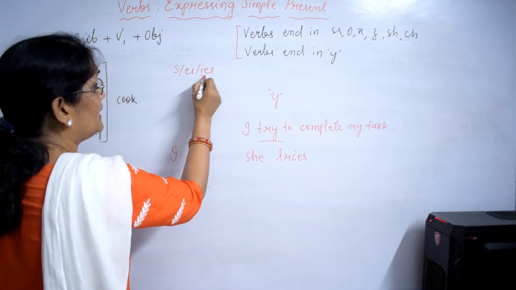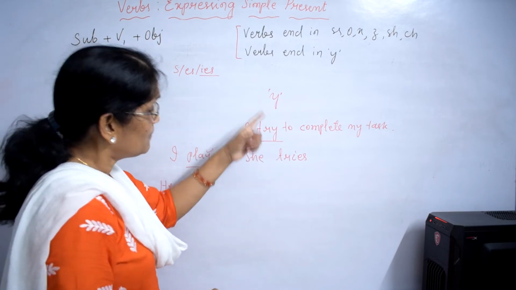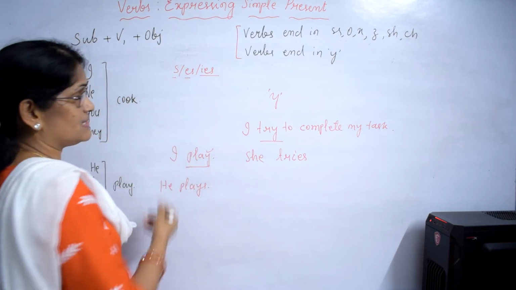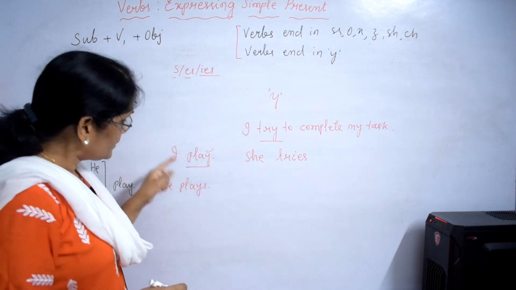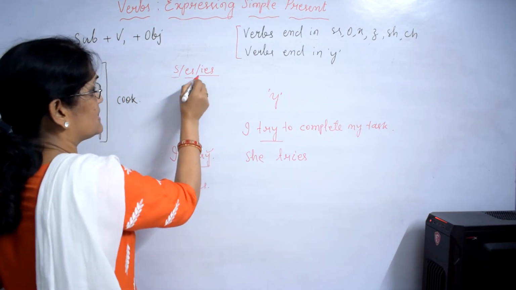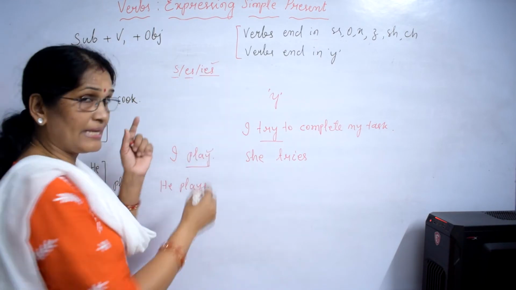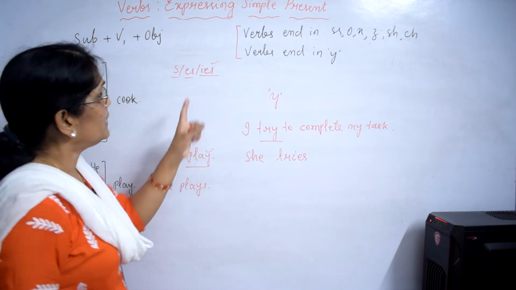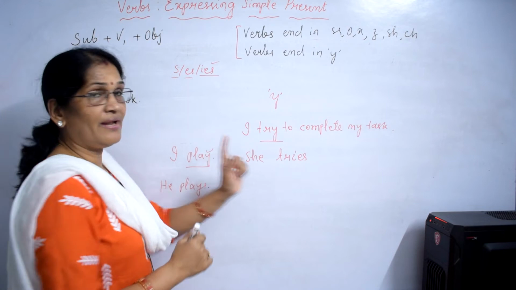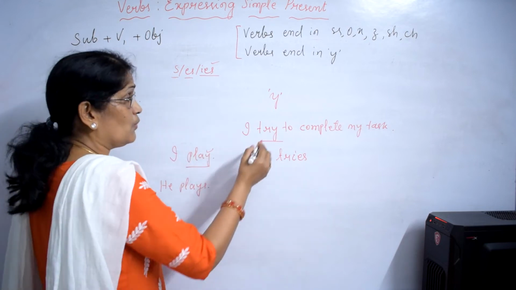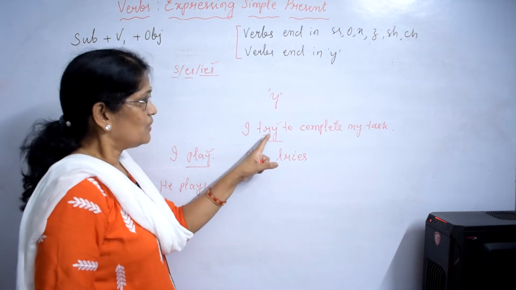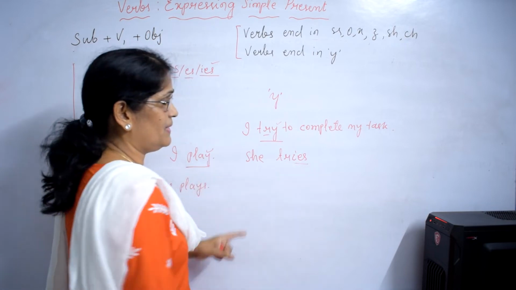When you write I-E-S, removing y, we add I-E-S. But where you add S or E-S, we add it with the verb as given. How can we know whether to add S or I-E-S? Very simple. Where the last y is preceded by one consonant, the y will be removed and I-E-S will be added.